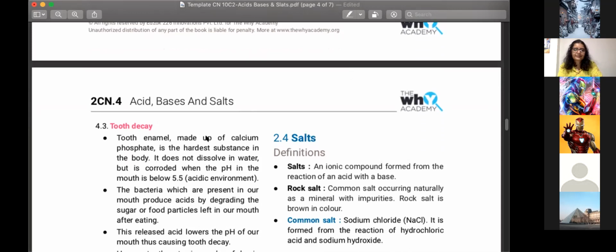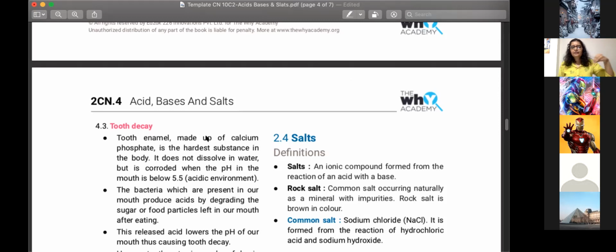Correct. So what happens is, your mouth is full of bacteria, like your skin, everywhere is full of bacteria, but specifically your mouth. And when you eat things, more than 50% of what you eat comes under sugar. It doesn't have to be pure sugar, but even carbohydrates are considered sugars. So bread, roti, rice, potato, even your maida, snacks, all of that is sugars, right?